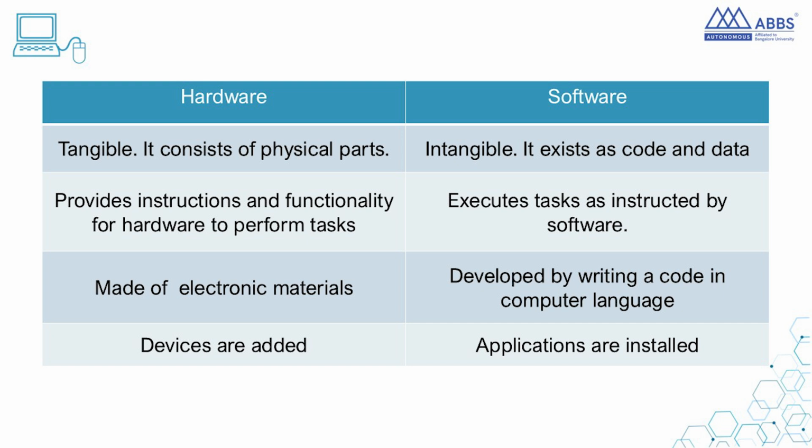Hardware is made up of electronic components. Software is written in computer code language. In the case of hardware, you can add more devices. In the case of software, we call it an installation process. So with all these discussions, we understood there are different types of input, output, and storage devices. We also understood what a system and a computer system are.